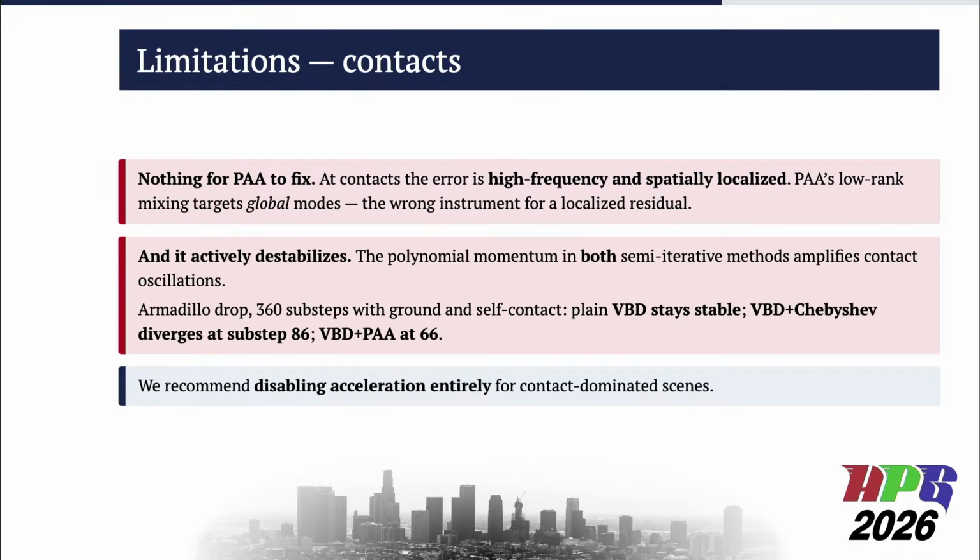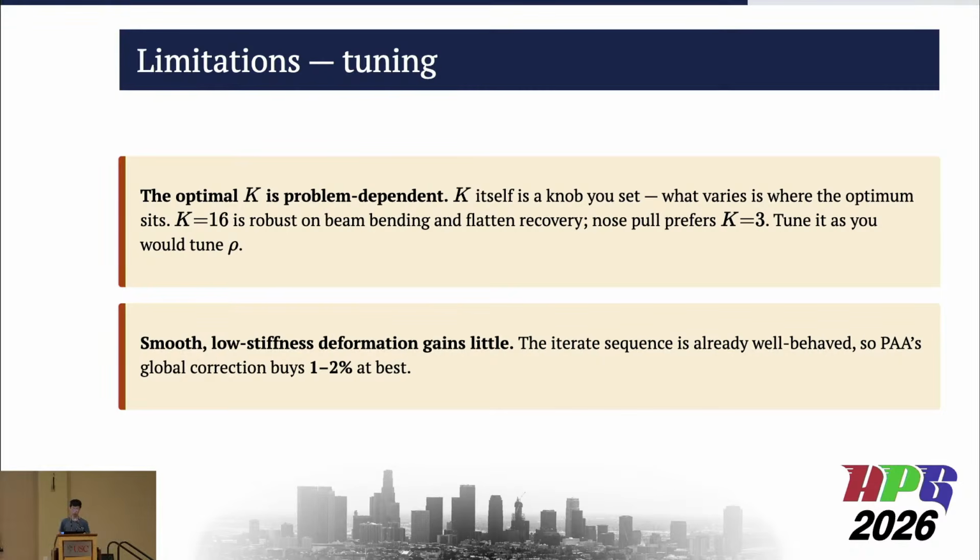The Anderson step won't help where the local high frequency error is high. Also, the optimal K is problem dependent, but we find a default K that suits most cases. But if you want a better K, you still have to tune it for each problem.